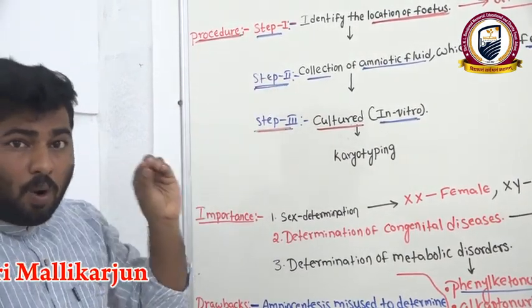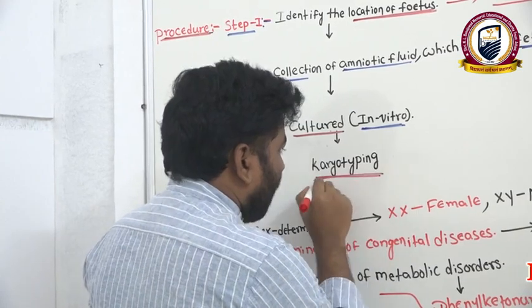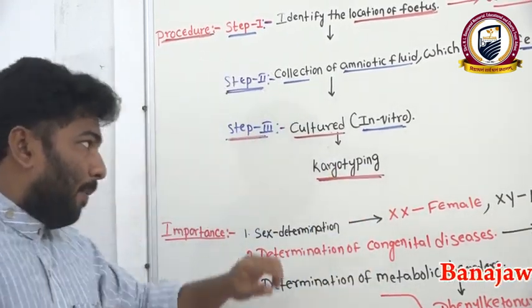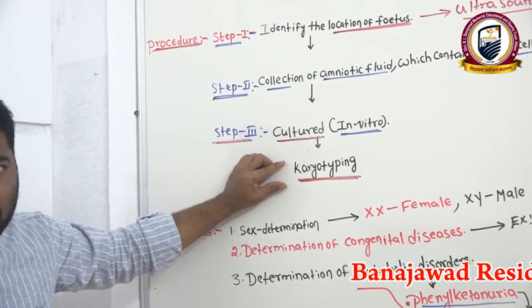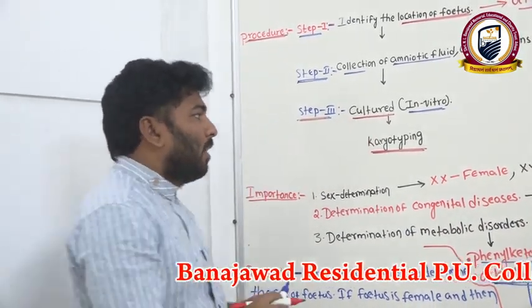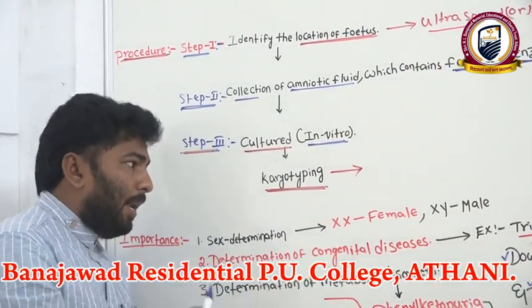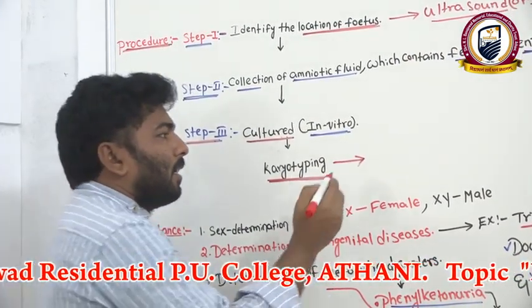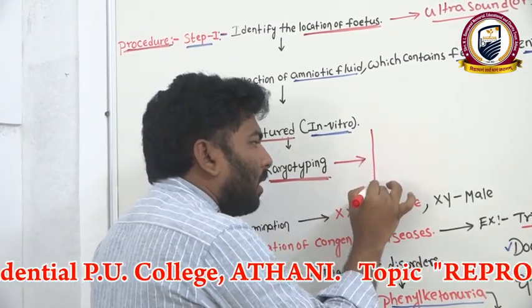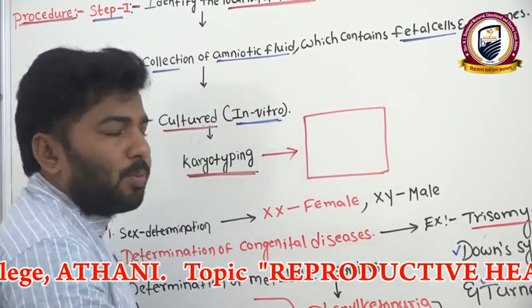After culturing, we are doing the final step, that is karyotyping. Karyotyping means karyo, meaning nucleus, and typing. Here we are mainly taking pictures of chromosomes.